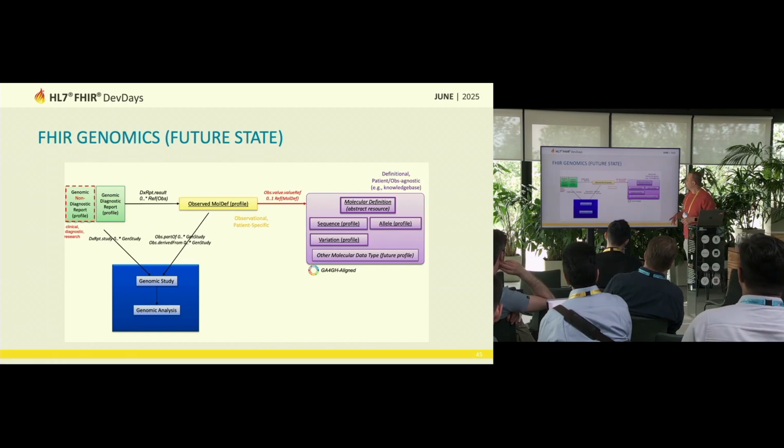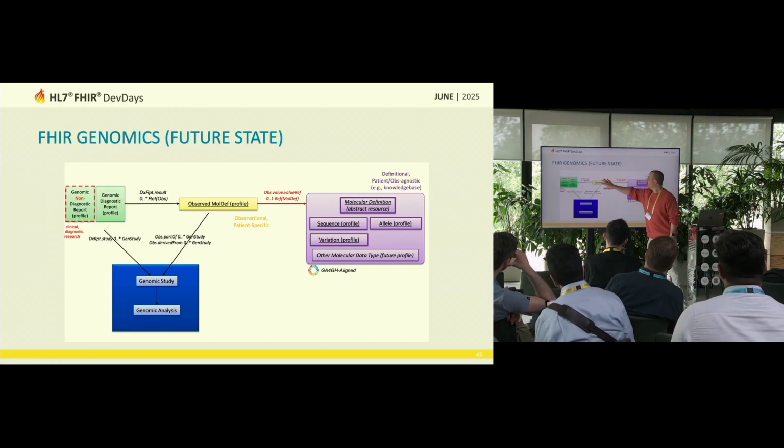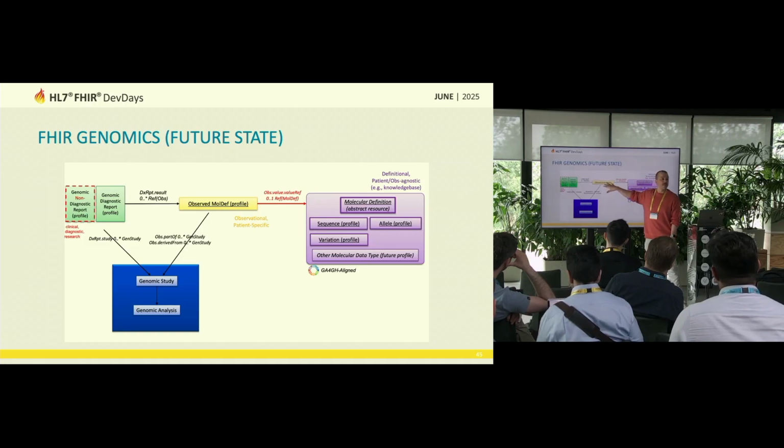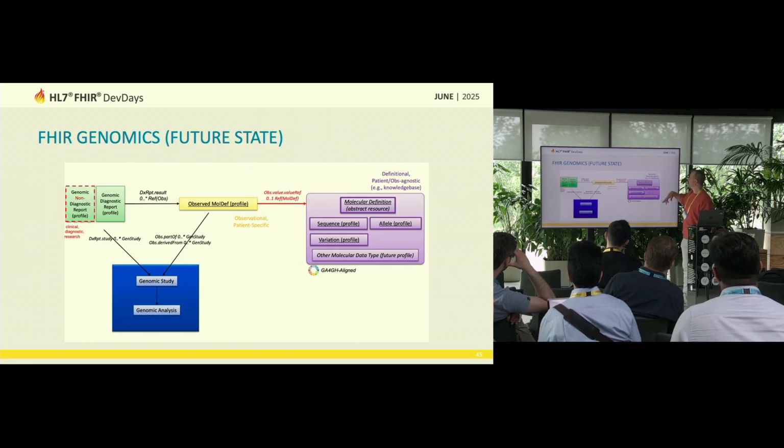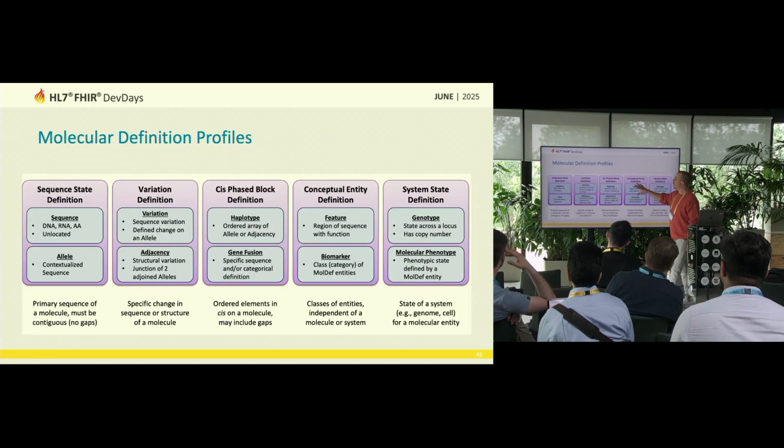Quick overlook here. So this is the future idea. We still have observations, observed molecular definitions, which are then pointing to these profiled molecular definition resources like allele, sequence, or variation. These will then be profiles on molecular definition. And you can see several here.